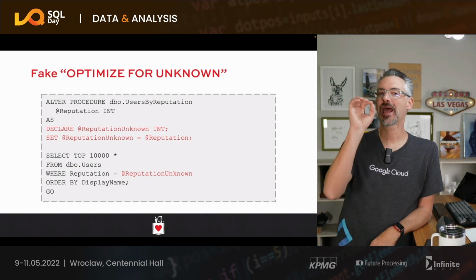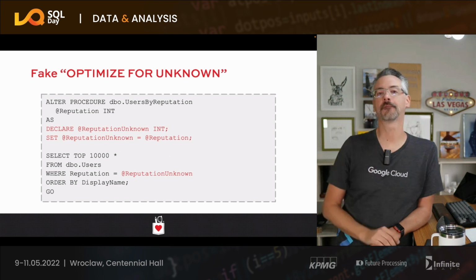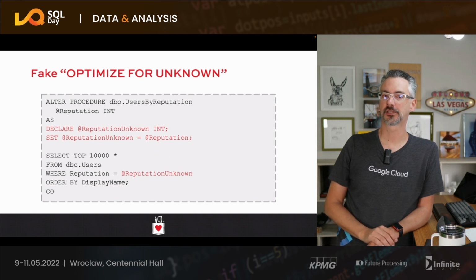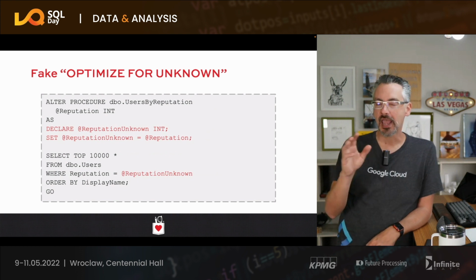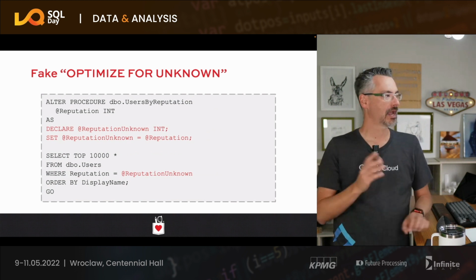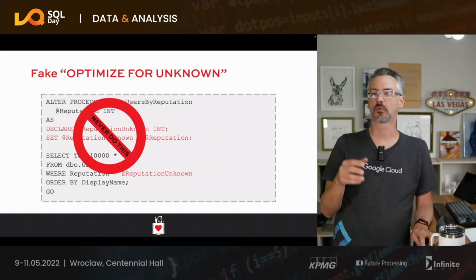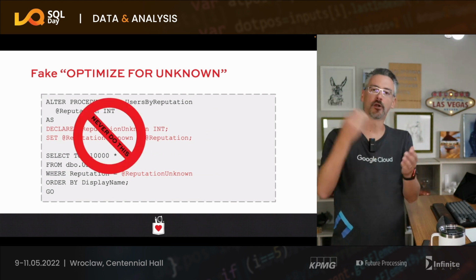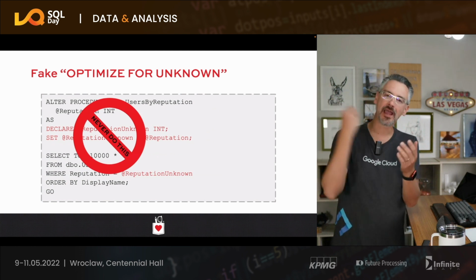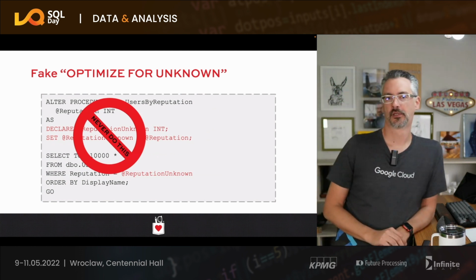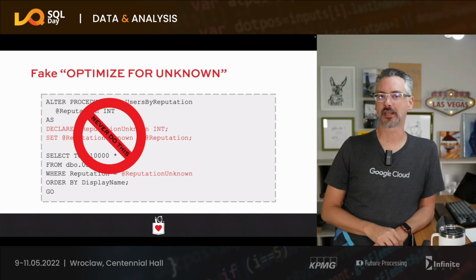So it acts exactly the same as OPTION OPTIMIZE FOR UNKNOWN. SQL Server uses the density vector out of statistics and says that the average number for reputation has 123 people in it. Never, ever, ever, ever do this. Right about now, some people in the audience are like, wait a minute, that's what I do. I know, you need to stop.